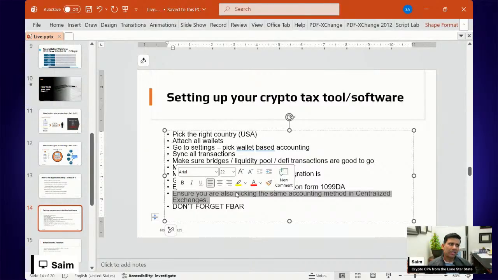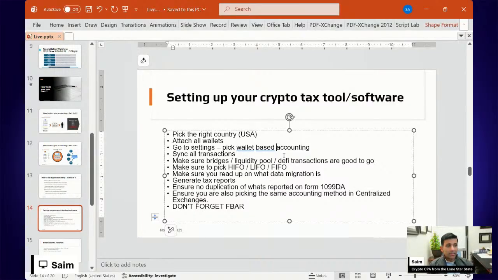For example, you might have a cold storage wallet where you change the methodology versus the other wallets. But when you're transferring crypto from one wallet to another with different accounting methodologies, you need to make sure the cost basis is going properly to the other one, because those things matter. But you can certainly mix, match, and parse. You can get very creative with tax strategies in crypto.